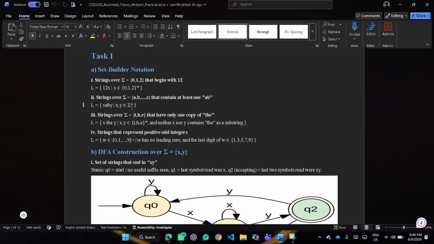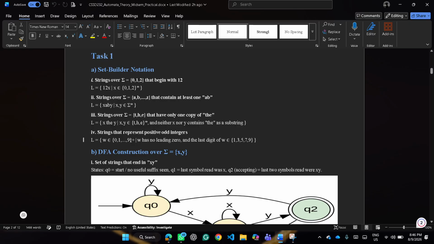Basically, for the first one, L is equal to 12x where x is a member of the alphabet {0, 1, 2}, and in the second, xABy is such that x and y are members of the alphabet, so they are also included.